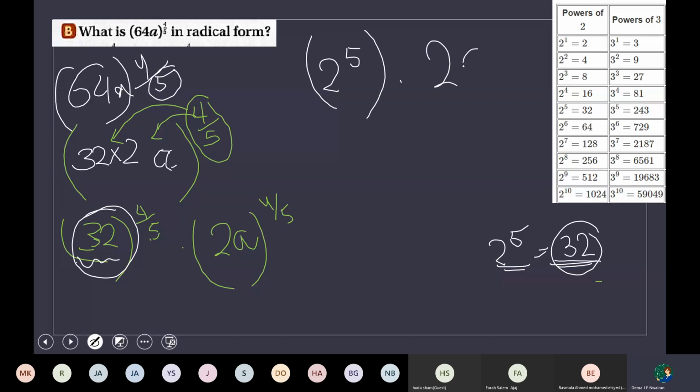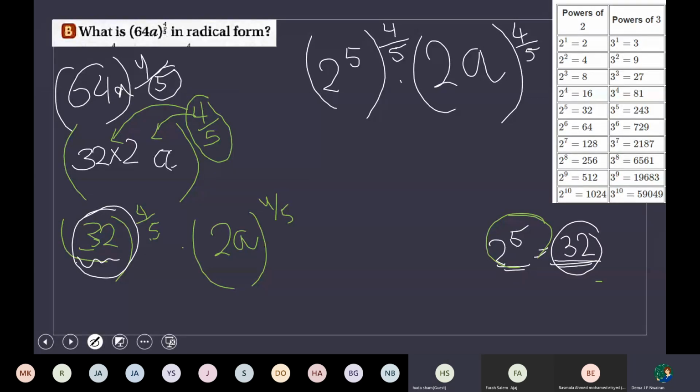And then 2a raised to the power 4 over 5, and here also raised to the power 4 over 5. Okay, step by step. Instead of writing 32, I have to write what now? 2 raised to the power 5. Then here we have a base raised to a power, then it's raised to another power.